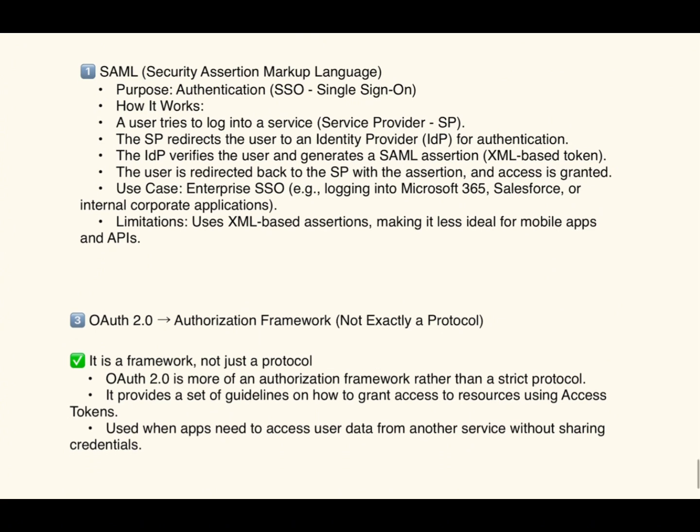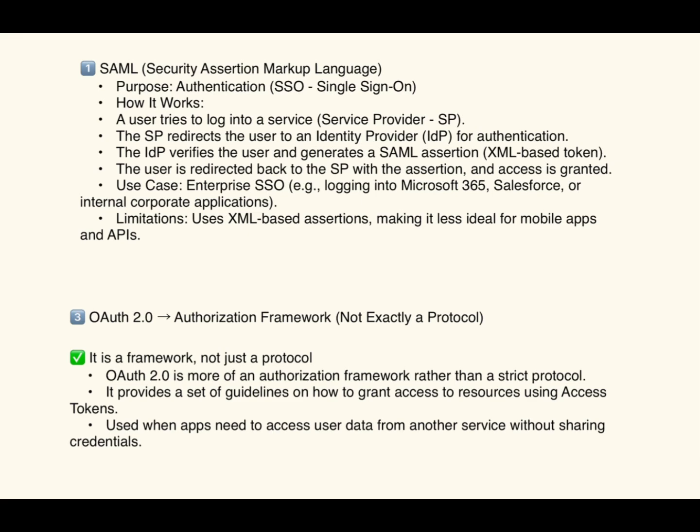And once the IDP verifies the user is legitimate, then the IDP will generate a SAML assertion. That means it is a kind of token which the IDP will generate, and the user is redirected back to the SP with the assertion, and then the access is granted.